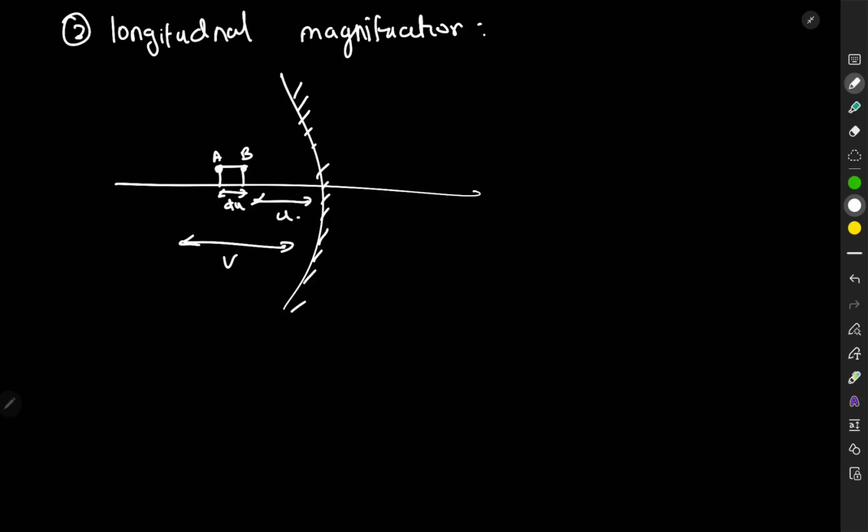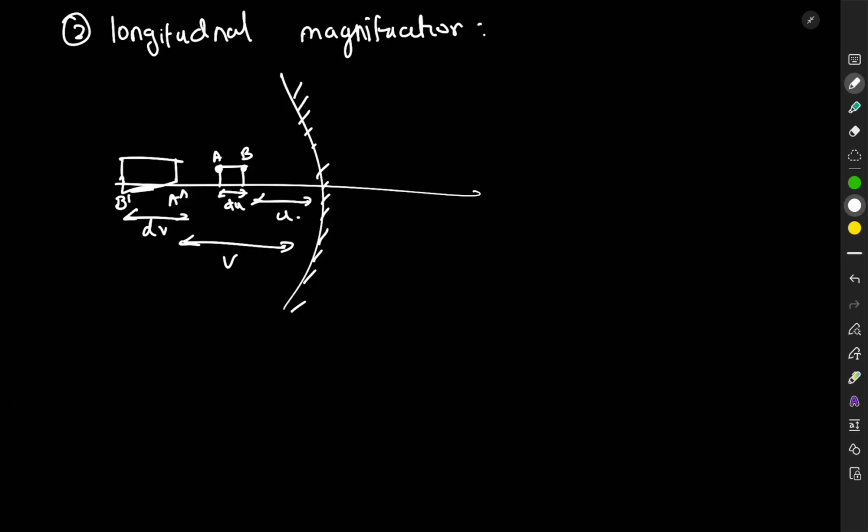So at v distance here, there will be an image formed which will be like this. It will be B dash, this will be A dash, right? Since it is inverted, it will be like that. So this will be du, and instead of du dash, let's take dv. That is more understandable.